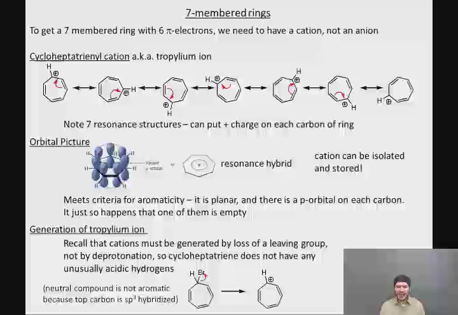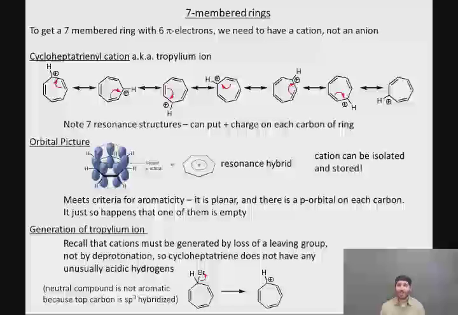So as a result, we generate the tropylium ion from something like cycloheptatrienyl bromide. So note here that the neutral compound, the starting material, is not aromatic because the top carbon is sp3 hybridized. But once we lose the leaving group, we generate something that is aromatic as the cation.